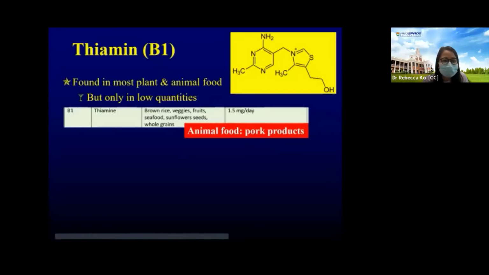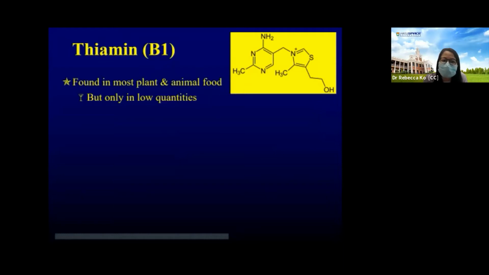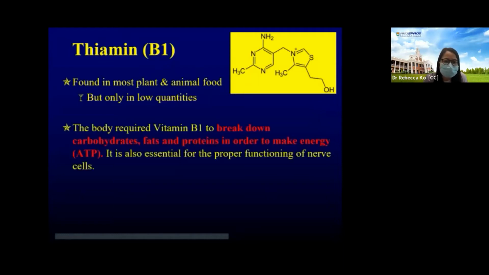Thiamine, that's B1, is found in most plant and animal foods. Let's say brown rice, veggies, fruits, seafood, and other products, we find B1. But we only need small quantities, so I think most of us will have sufficient intake of B1.